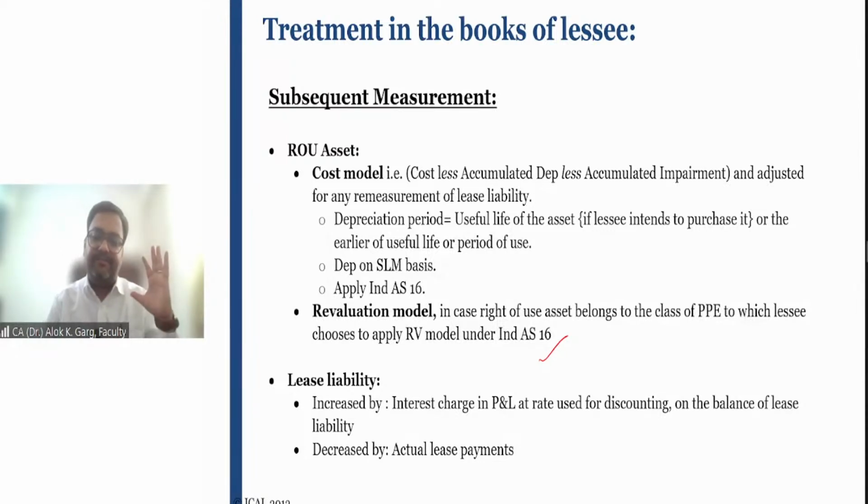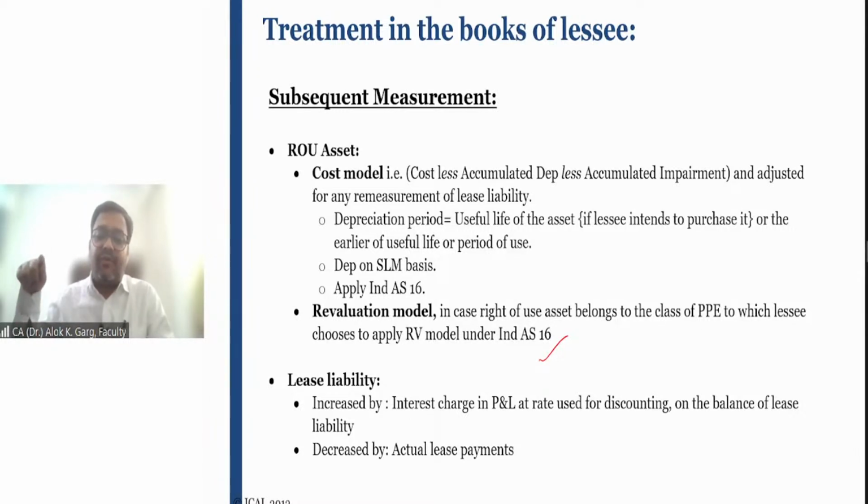So friends, you remember when I was taking a session on Ind AS 38 intangible asset, I told you that when you read some standard, you are probably also doing a revision of an earlier standard. Like when you read Ind AS 38, you must be doing a revision of Ind AS 16, maybe 30-40% of it.